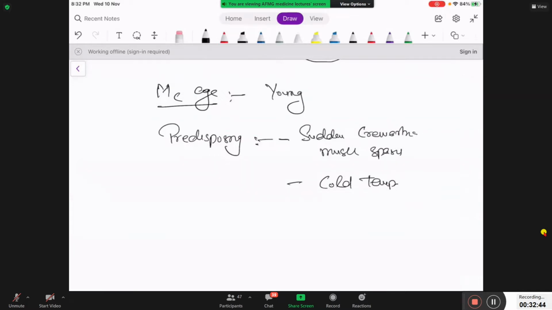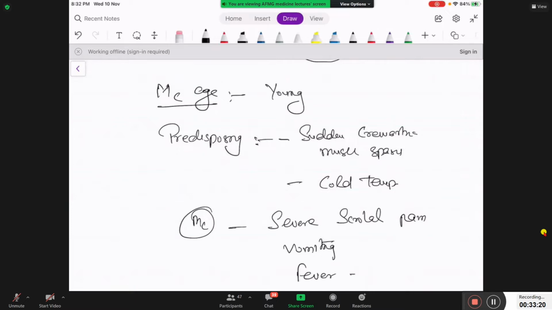You will be told the patient is a young individual, and that while doing some kind of muscular effort, he suddenly started complaining of severe pain in the scrotum. So the most common presentation of these patients is severe scrotal pain. They can have vomiting also.